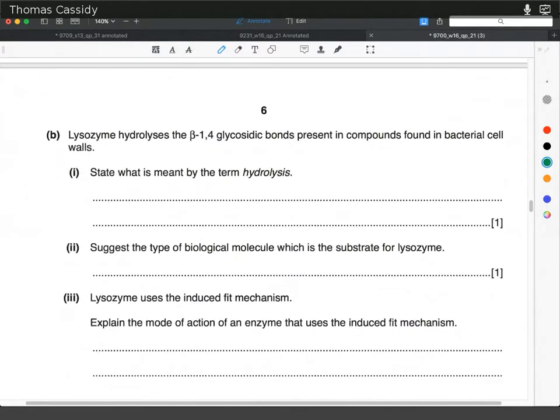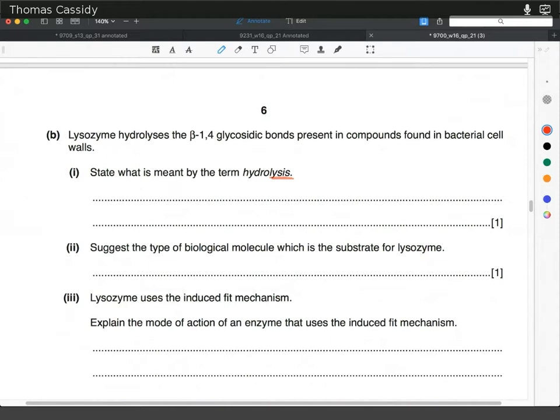Part B. Lysozyme hydrolyzes the beta-1,4 glycosidic bonds present in compounds found in bacterial cell walls. Very wordy question, isn't it? But part 1 is just asking if you know what the term hydrolysis is. If you have trouble remembering, bear in mind that any word that ends in this lysis part means to split up.